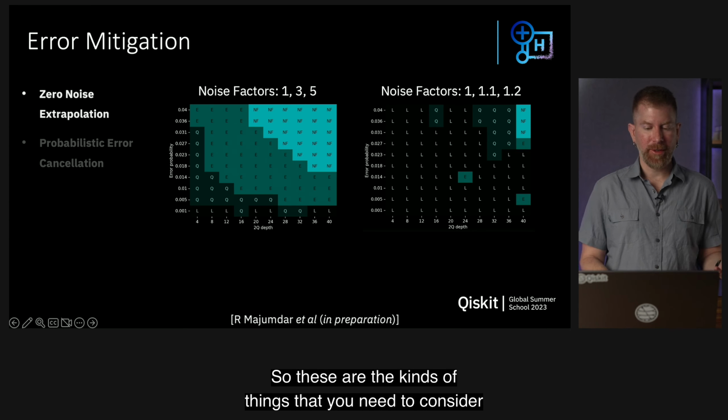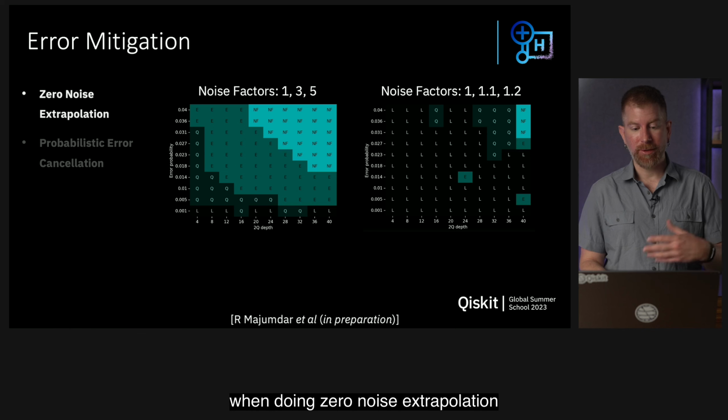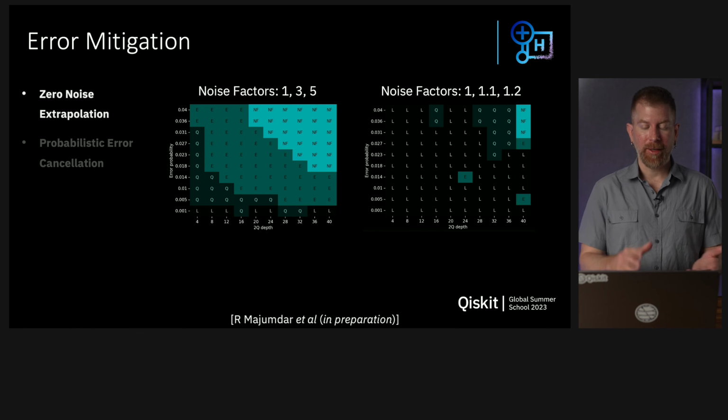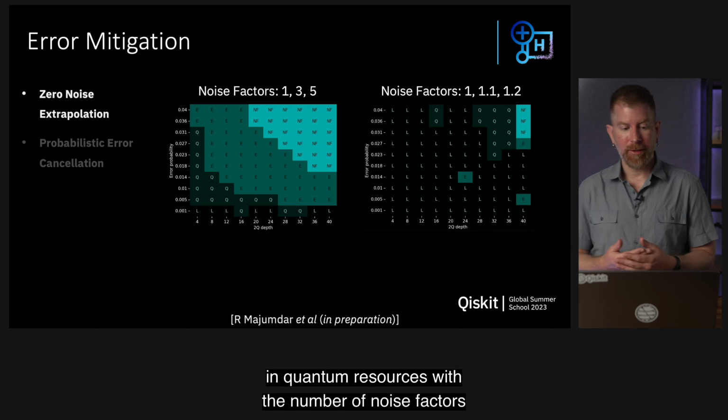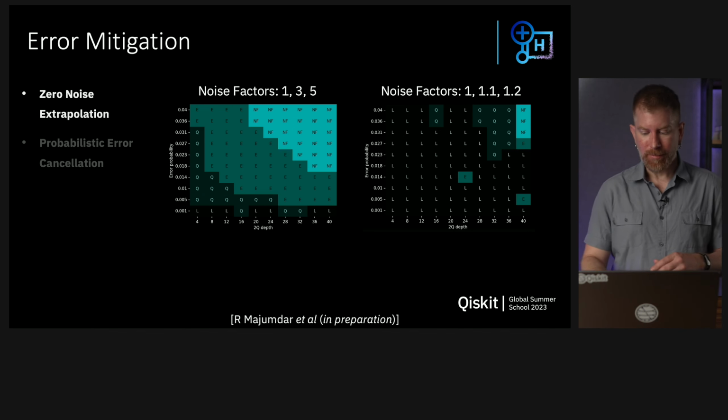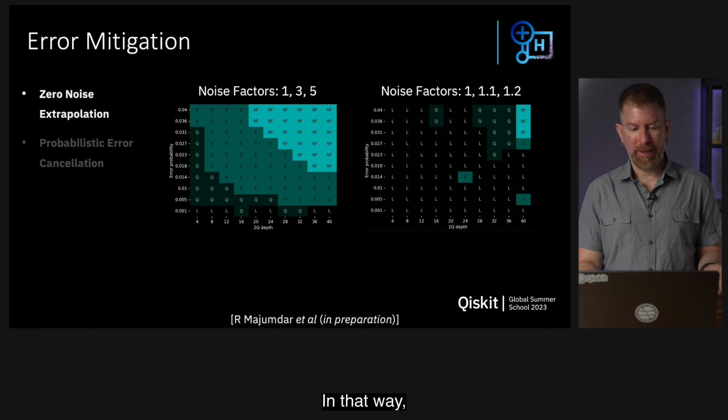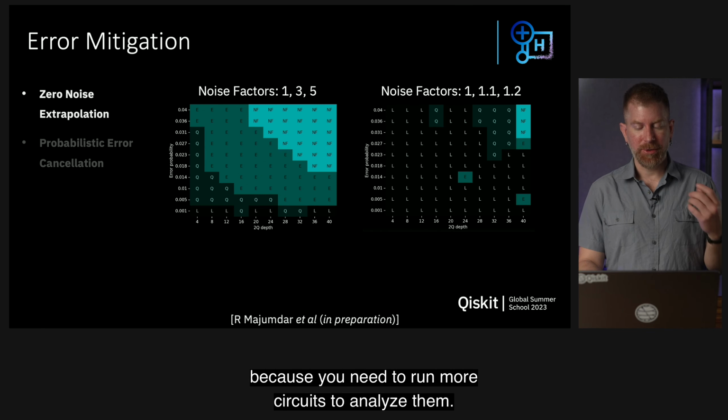So these are the kinds of things that you need to consider when doing zero noise extrapolation, on top of the fact that this roughly scales in quantum resources with the number of noise factors that you are actually applying. In that way, it's slightly more expensive because you need to run more circuits.